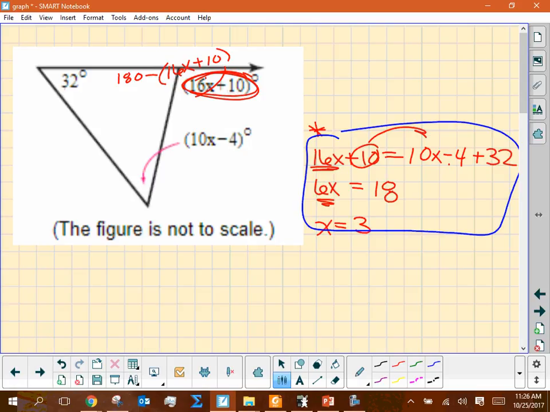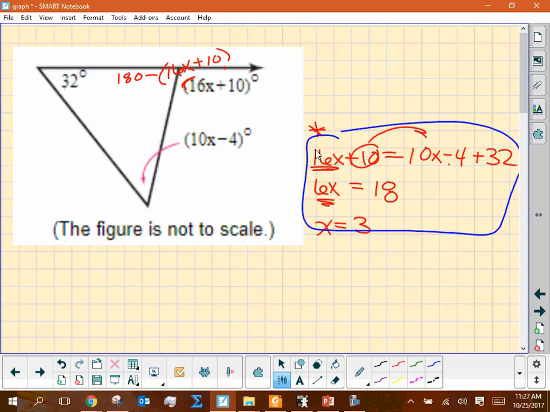Why did I say minus 10? Because I'm subtracting a quantity. That's in parentheses, it's two objects, right? But when I know what x is, say x ended up being 3, that number would be 48 plus 10, which is 58, so when I subtract from 180, I subtract the entire 58.